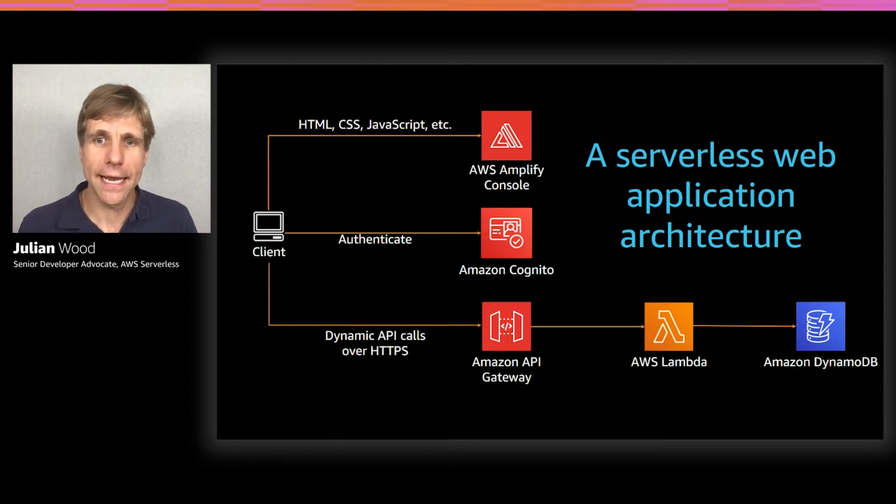Lastly, where we're going to be spending the most of the time today for observability is looking at the API backend for this application. The client makes calls to our managed API service, API Gateway, which invokes our Lambda function, which includes our business logic, which then does some processing and in this case stores information in DynamoDB, a NoSQL database.